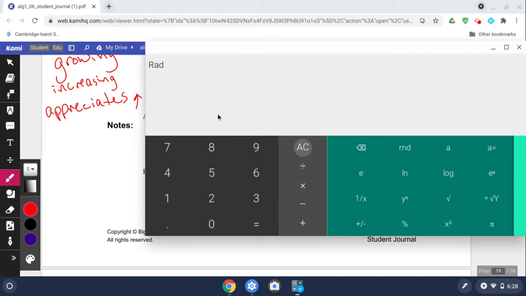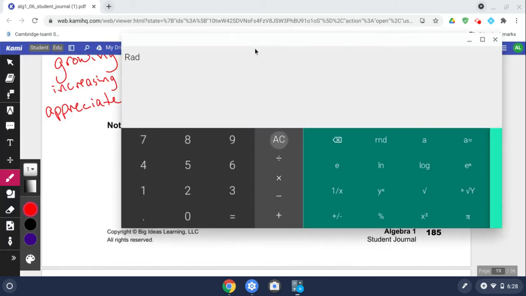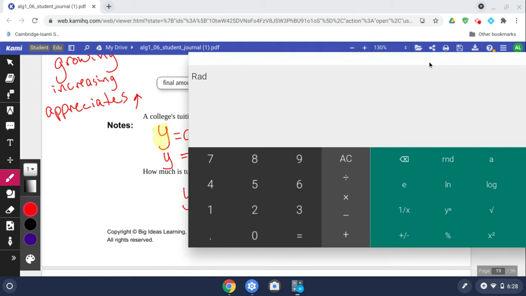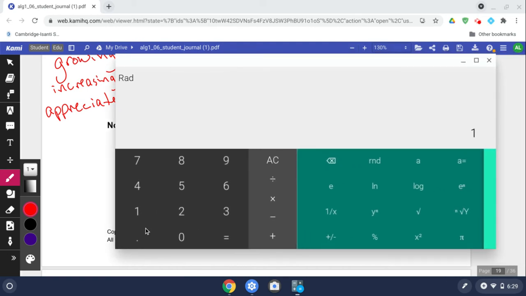All right, so again, the first thing that I want to do is take 1.05 to the 4th power. Your calculator probably has something similar. I have this y to the n button. You might have an x to the y button or y to the x or something similar. That's kind of like your exponent button.